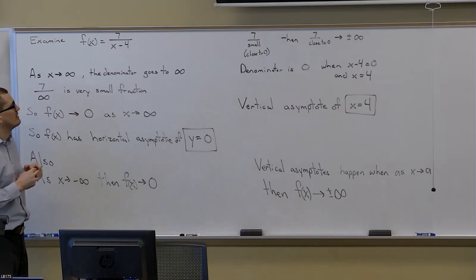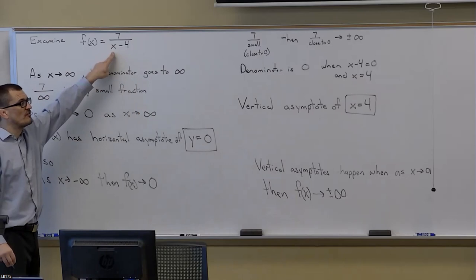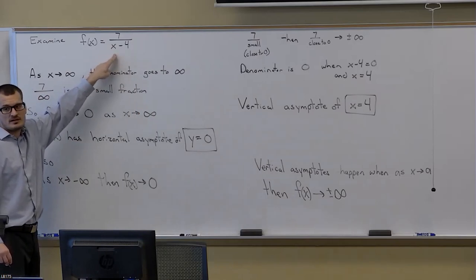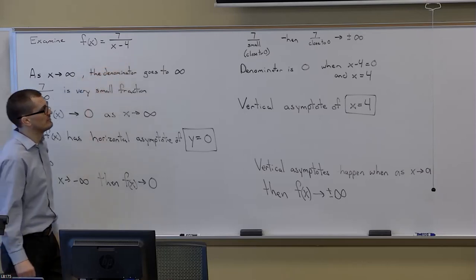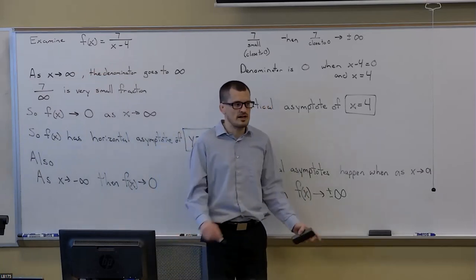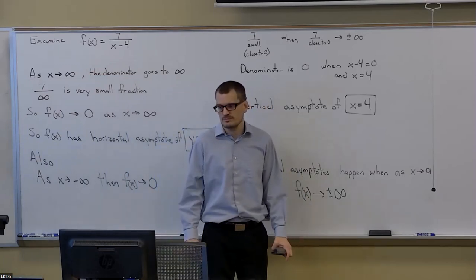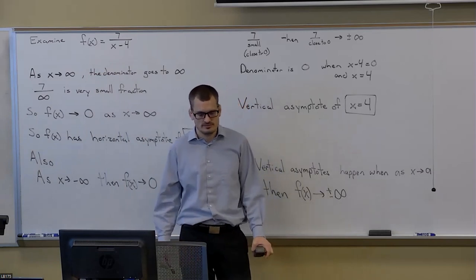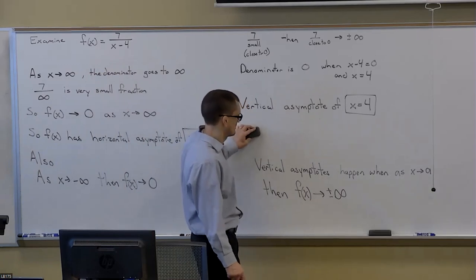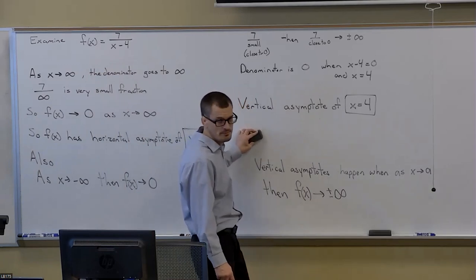By the way, you'll notice that 4 is also not in the domain of my function, because if I plugged in 4, I'd be dividing by 0. So most of these rational functions have domain all real numbers except when we're dividing by 0. We can't divide by 0. Is that okay?